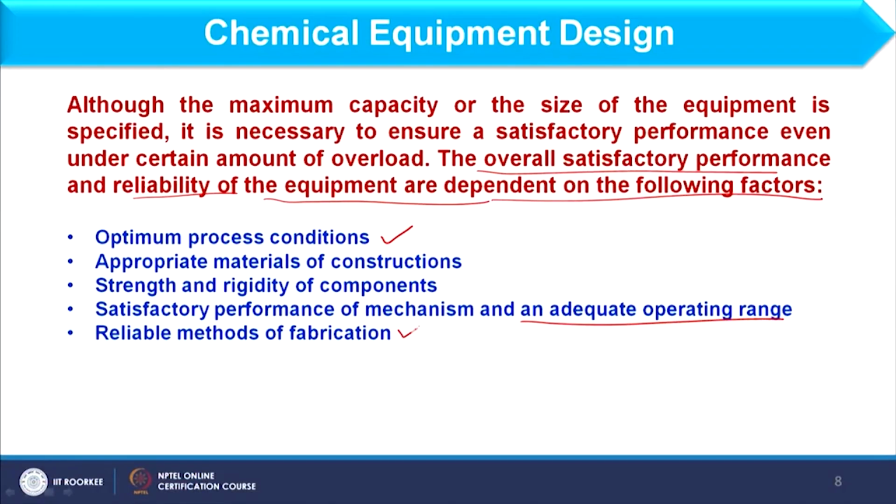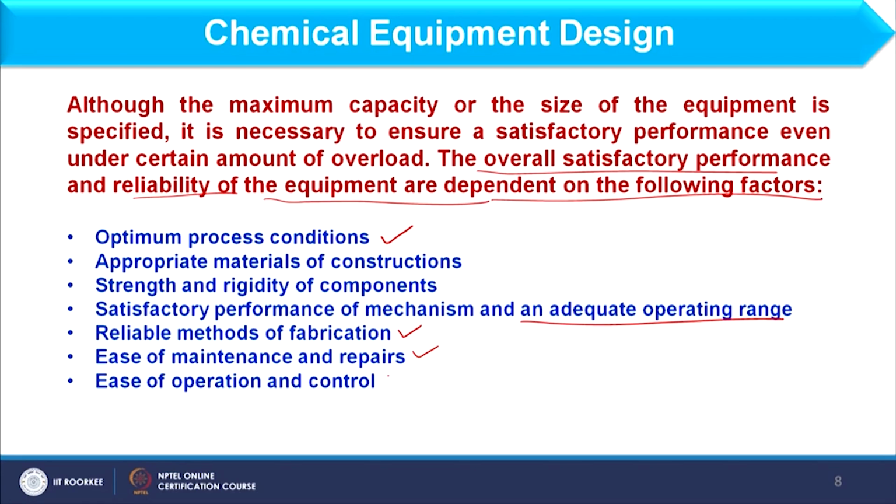We have to focus on reliable method of fabrication, then I can say that satisfactory performance can be obtained from equipment. Ease of maintenance and repair is very important, so that maintenance should be easier in equipment. And then we have ease of operation and control. That is important, and finally the safety requirement.